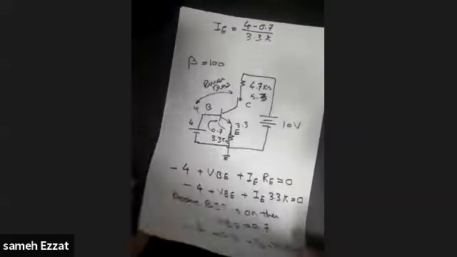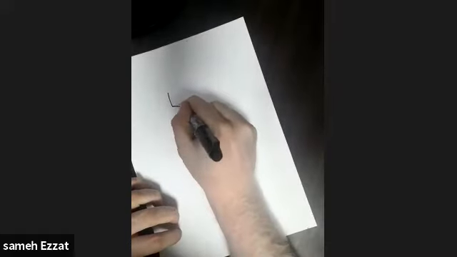Now let's turn to example number 2. Again, in the same lecture, example number 2, you will find something like that. Again, it's an NPN transistor. We have here 6 voltages applied.